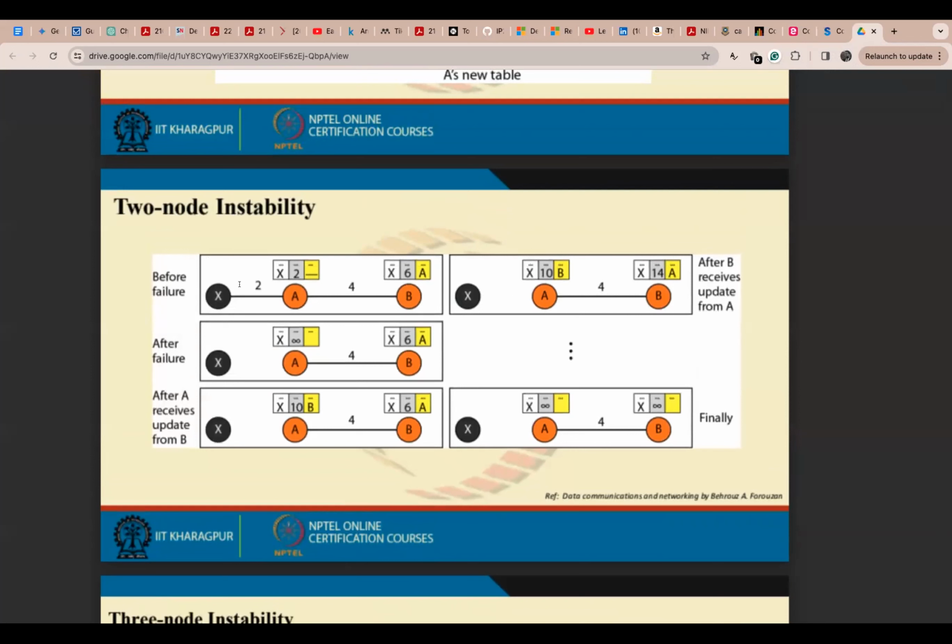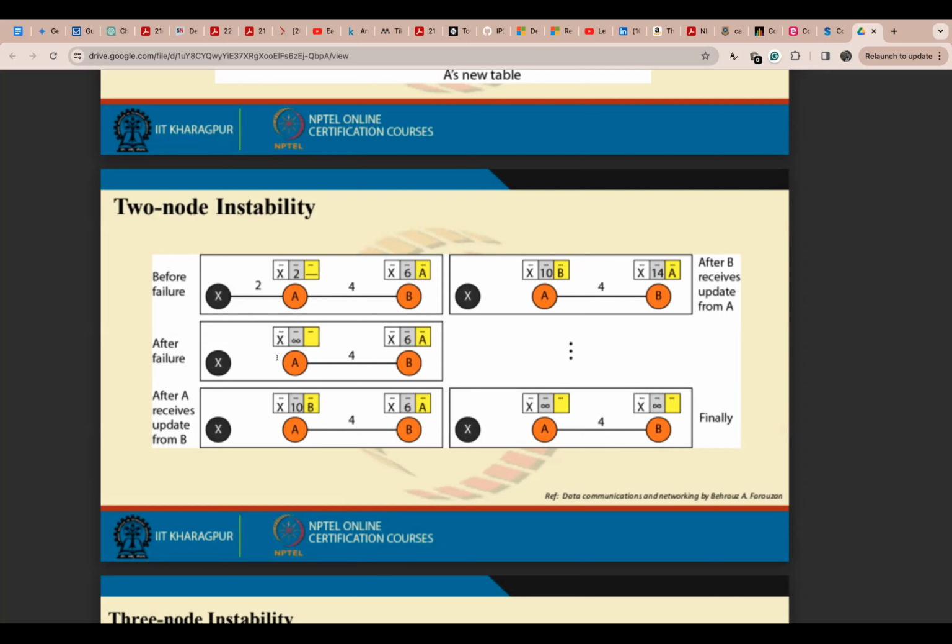That is, if a connection breaks, A will have infinite distance to X. Let's say A receives an update from X, and X is 2 away, and B receives an update from A, that X is 6 cost away, going through A, because it's 4 plus 2, 6.